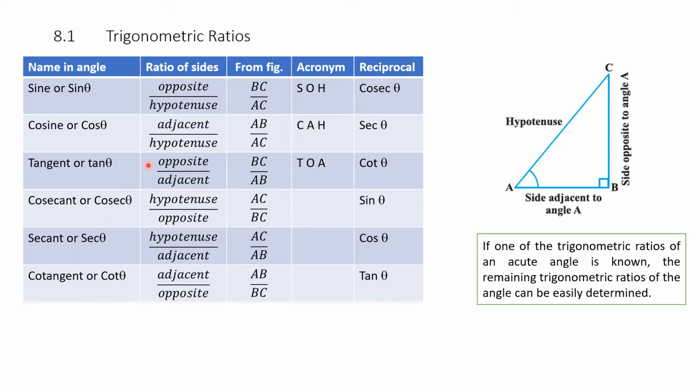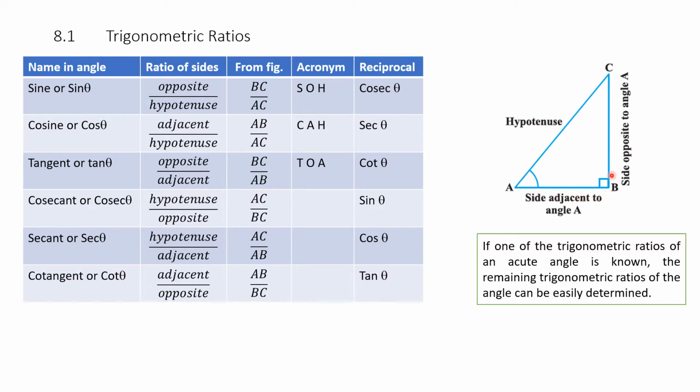The third trigonometric ratio is called tangent or tan theta. Tan theta is the ratio of opposite side to adjacent side. That is tan of angle A or tan theta, the opposite side to angle A is BC, and adjacent touching the angle is AB.